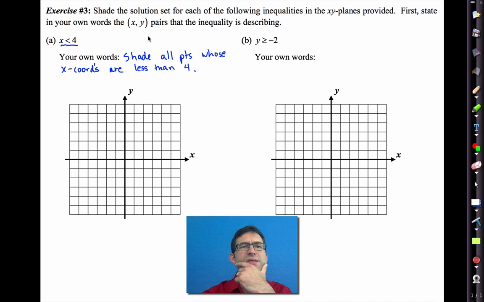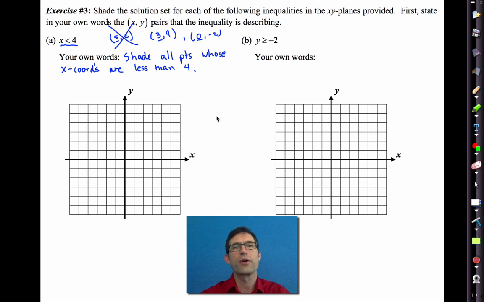So for instance, this one would be shaded, right? Its x-coordinate is less than 4. This one would be shaded because its x-coordinate is less than 4. This one wouldn't be shaded because its x-coordinate is not less than 4.